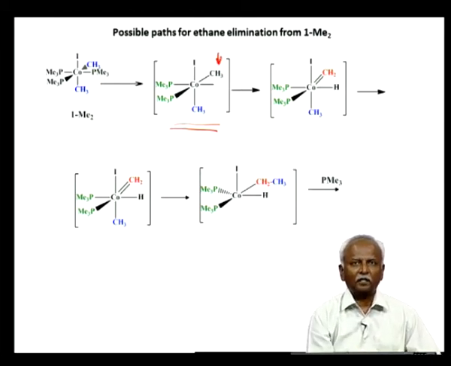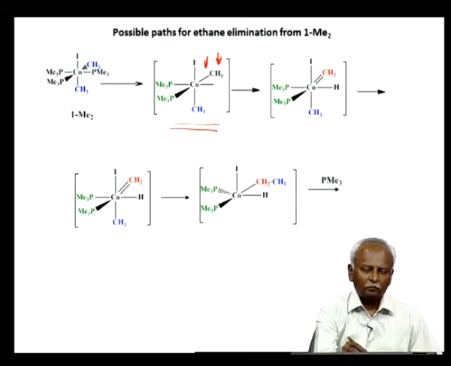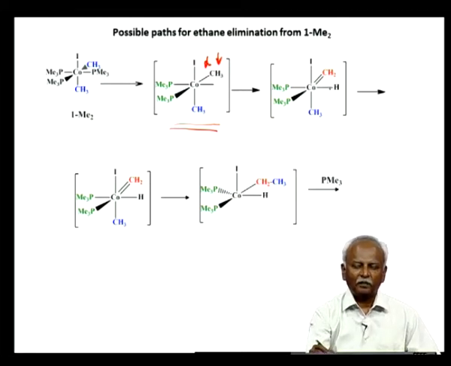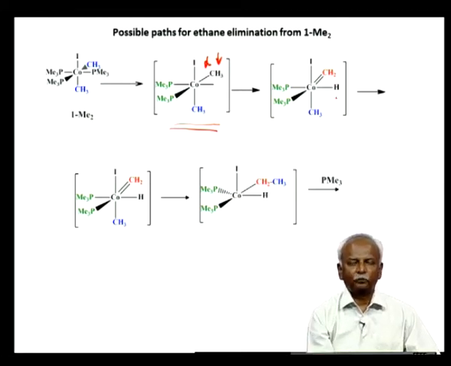You could generate a cobalt hydride species that would correspond to an alpha hydrogen abstraction from the methyl. This is the alpha carbon, and if you abstract one hydrogen from there, then you would end up with a methylene unit along with a hydride.